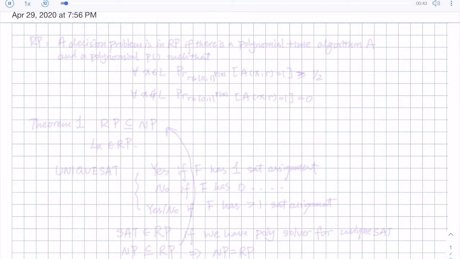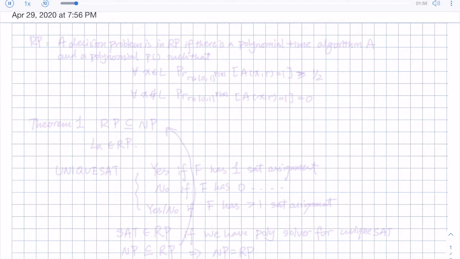Now, RP belongs to the probabilistic complexity classes. So RP is a set of decision problems such that there is a polynomial time algorithm A and a polynomial p, such that for each instance X that is in the language, the algorithm will answer correctly more than half of the time, or equal to half of the time.